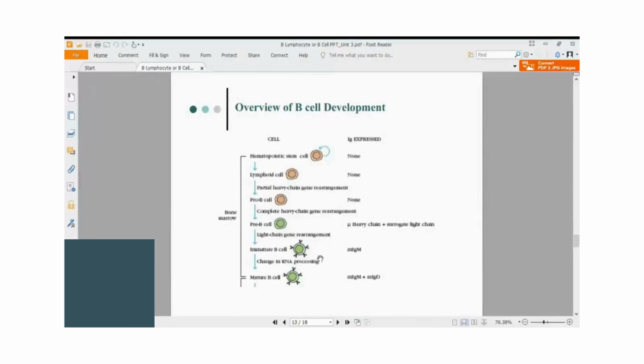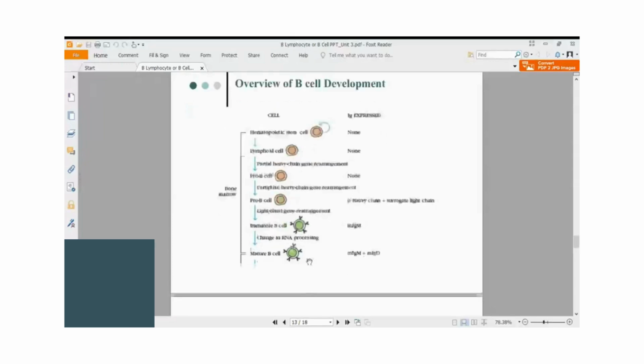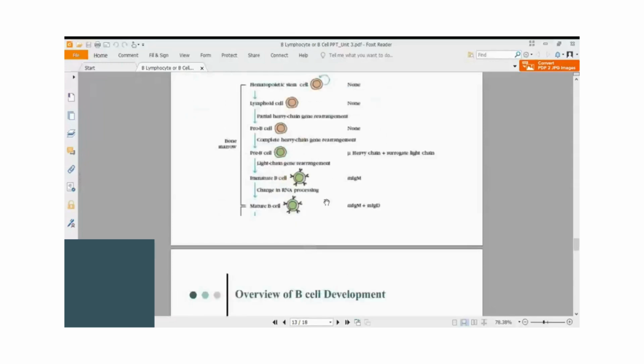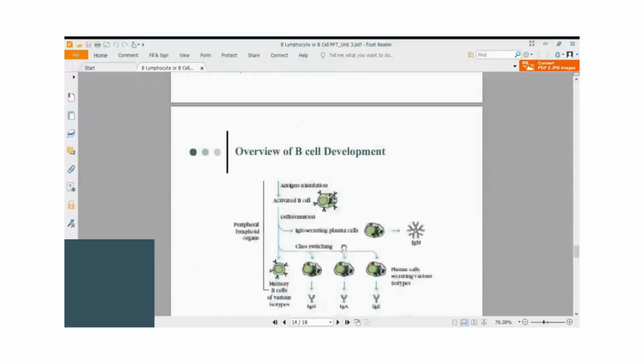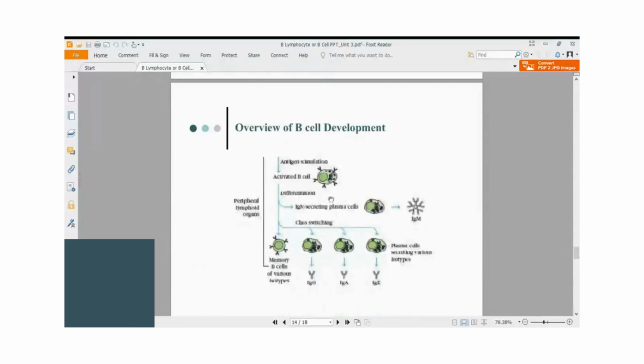And when it shows low affinity to the foreign antigen, it will undergo positive selection, and that positive selection results in that B lymphocyte being selected. That B lymphocyte now readies itself to receive the foreign antigen and becomes a high affinity antigen receptor on its surface, and then it will transform itself to become the plasma cell, that is differentiation, and that will happen in the peripheral lymphoid organ with the high affinity to foreign antigen.